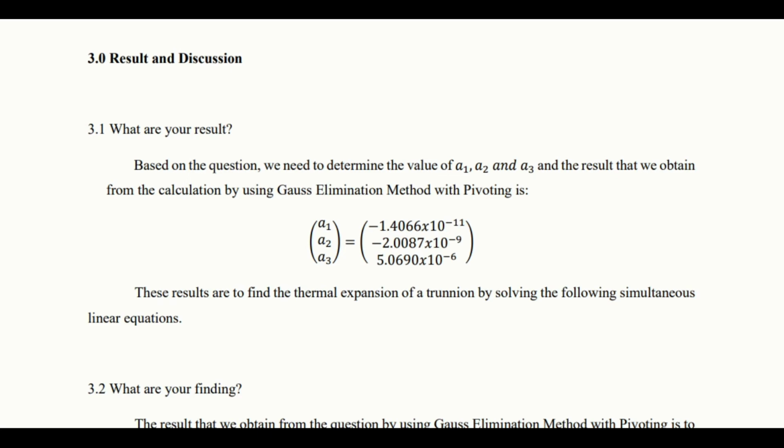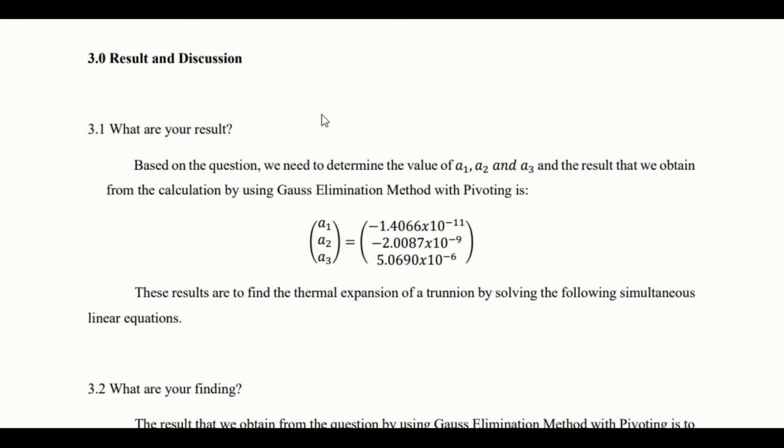Today I would like to present my part, which is result and discussion. What are my results? Based on the question, we need to determine the values of A1, A2 and A3. The result that we obtain from the calculation by using Gauss elimination method with pivoting is A1 equal to negative 1.4066 times 10 to the power of negative 11.